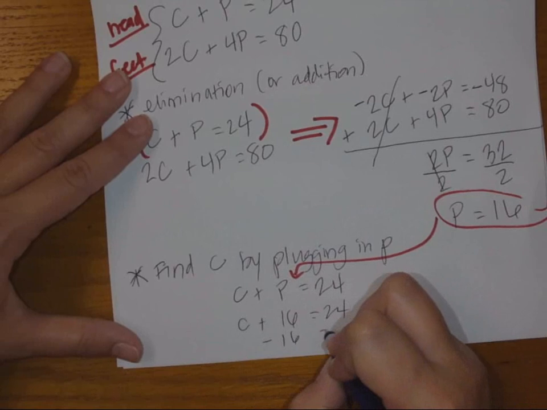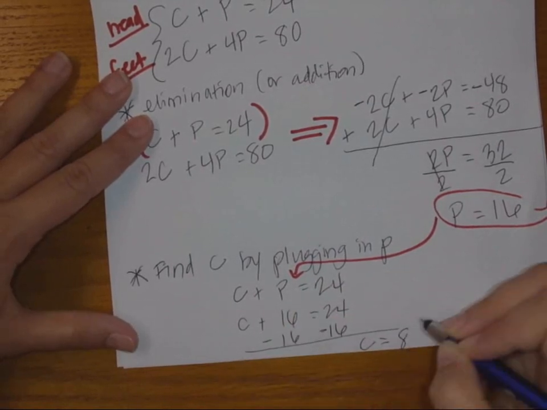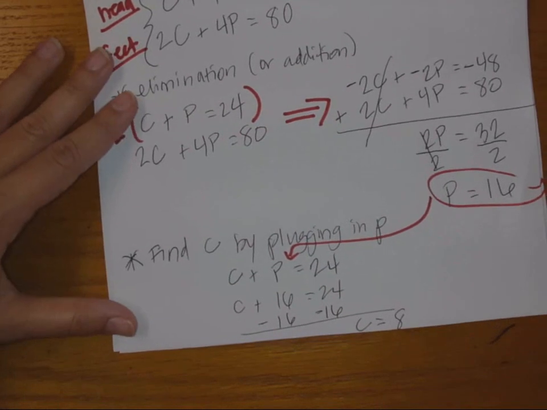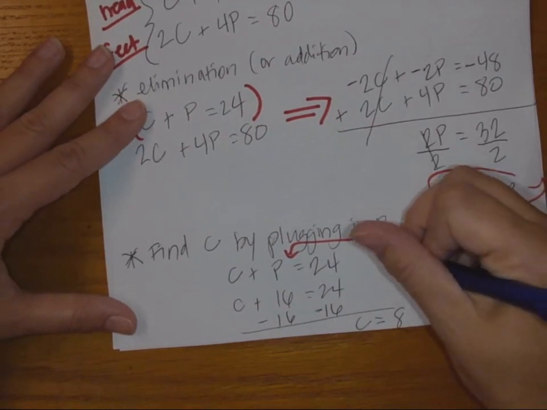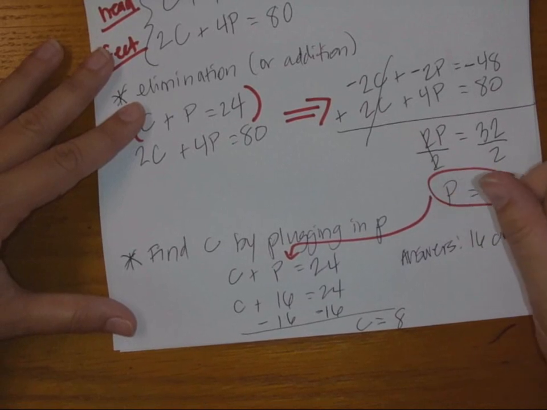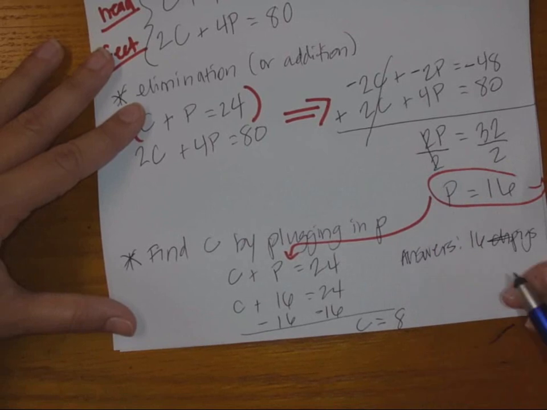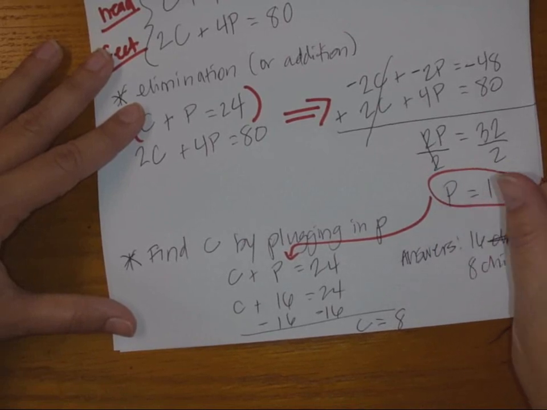To solve for C, I just subtract 16 from both sides, and I get C equals 8. So my answer is 16 pigs, because P was 16, and 8 chickens.